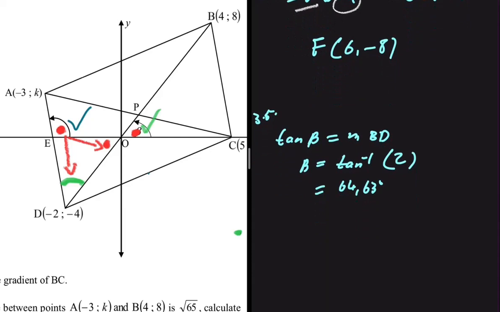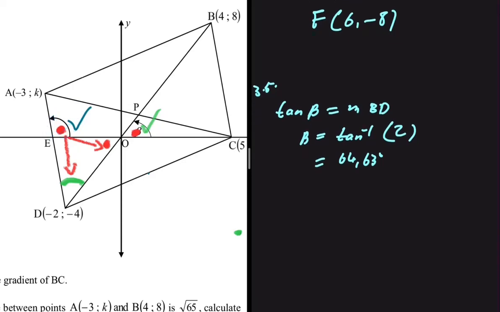Let's find this exterior angle of our triangle. We're going to use the gradient of AD. So we're going to say that alpha is equal to tan inverse of y2 minus y1 divided by x2 minus, what am I doing?